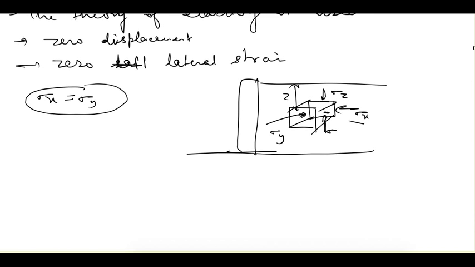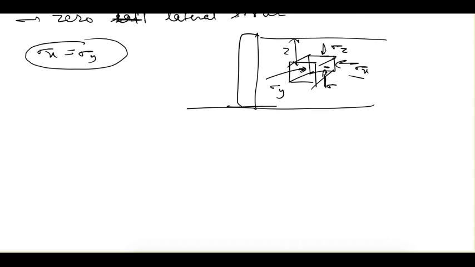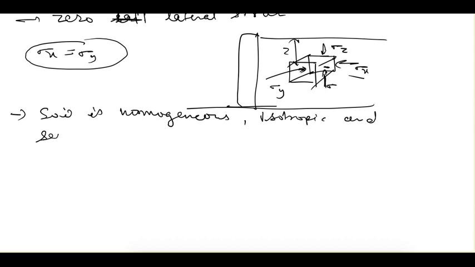Now we can write the strain, but before that, some more assumptions. The assumptions are that the soil is homogeneous, isotropic, and semi-infinite. Semi-infinite means that the depth is limited, whereas the other two dimensions are infinite.